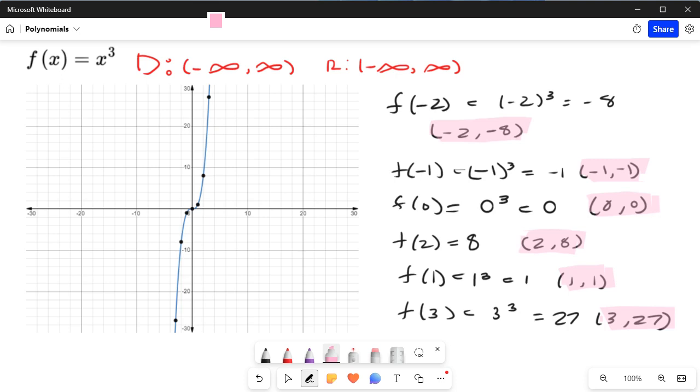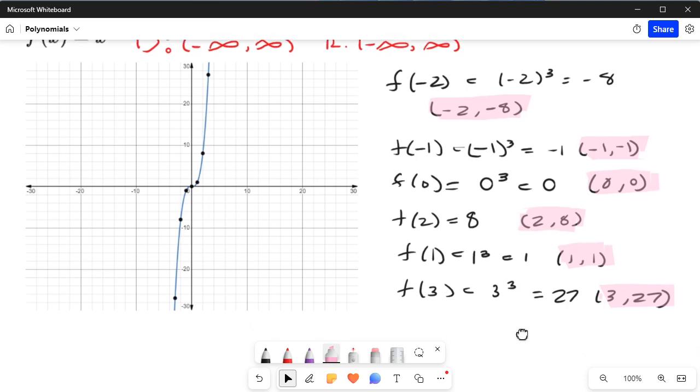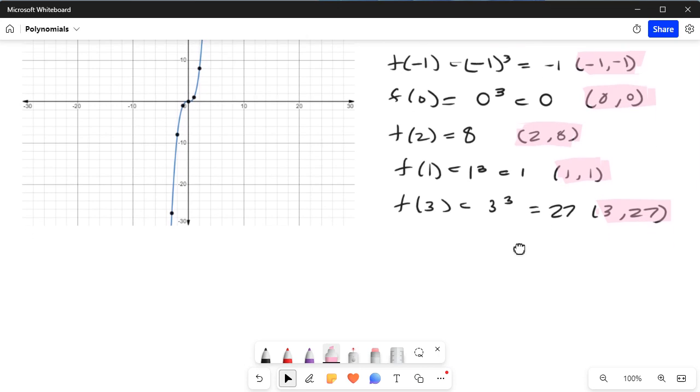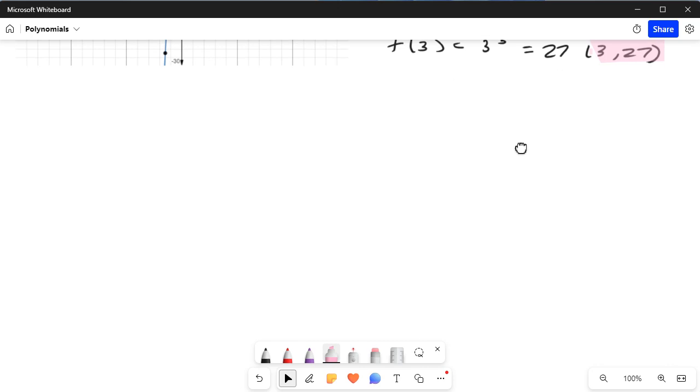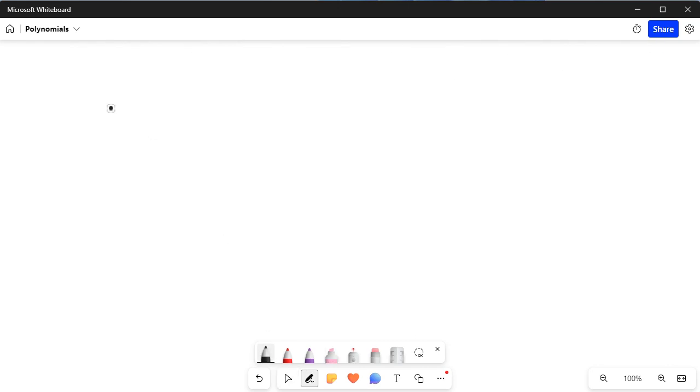Now, the goal is that if we have any polynomial function, we would be able to describe its behavior and then find a rough sketch of its graph. So let's think about this.